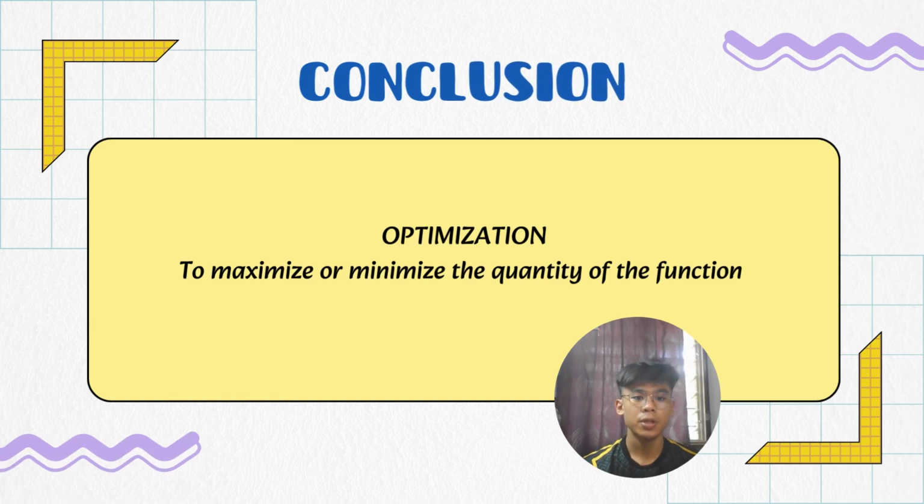In conclusion, optimization is used to maximize or minimize the quantity of a function. The optimization method is commonly used in business and economics, such as to maximize profit, reduce business loss, identify production cost, or even improve business efficiency.